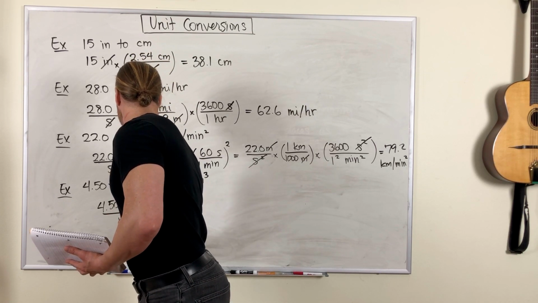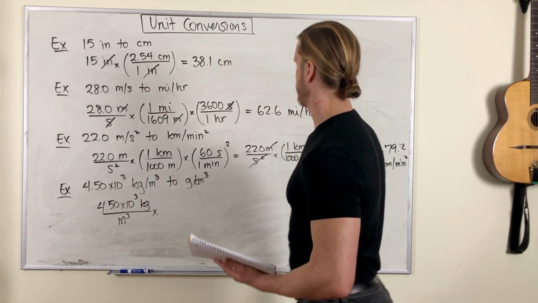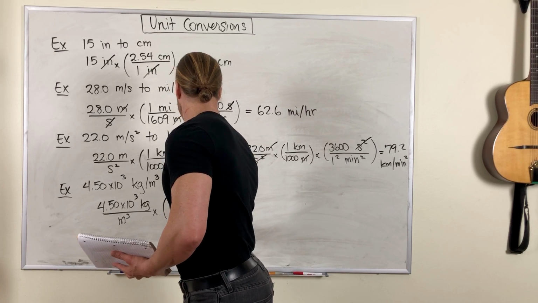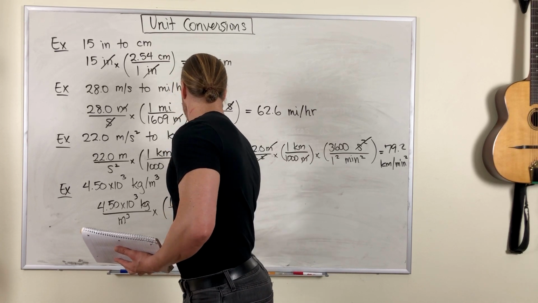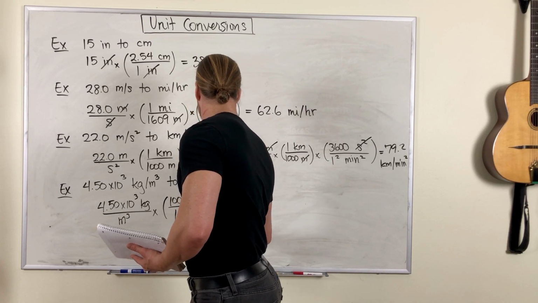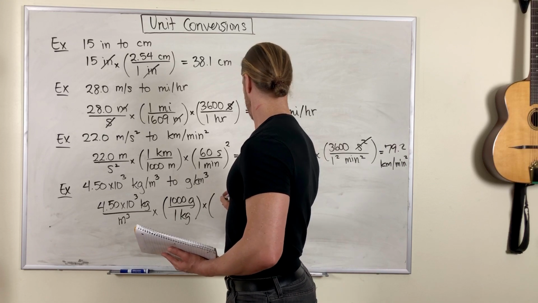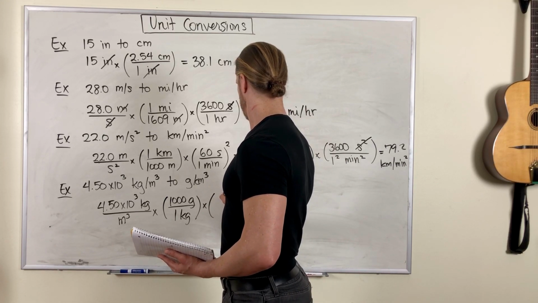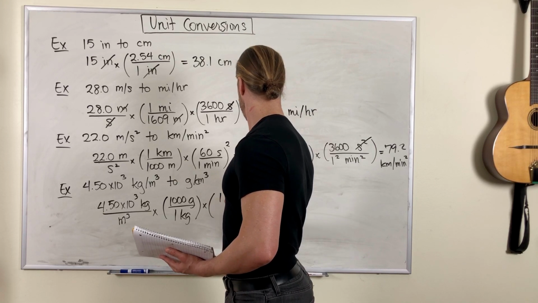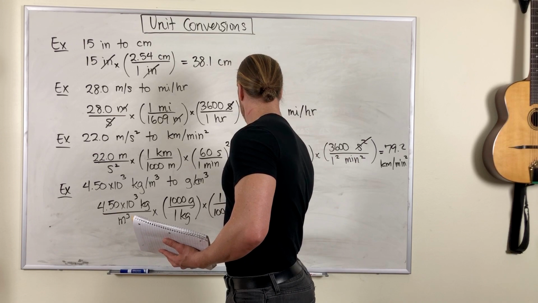We'll do a conversion factor for the kilograms to grams. There are 1,000 grams in 1 kilogram. And we want centimeters cubed on the bottom, so we've got 1 meter is 100 centimeters.